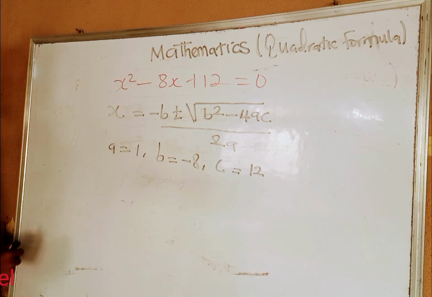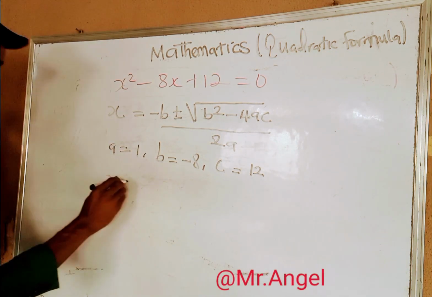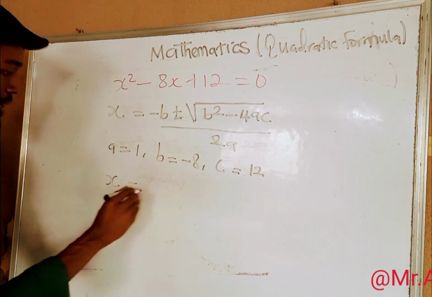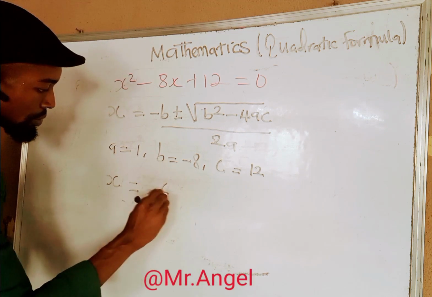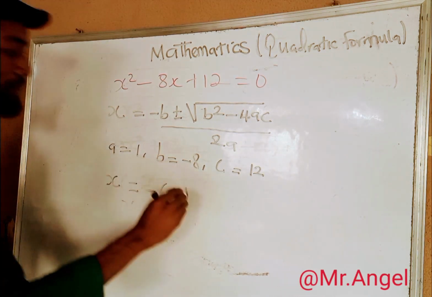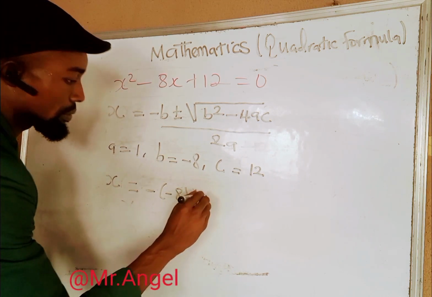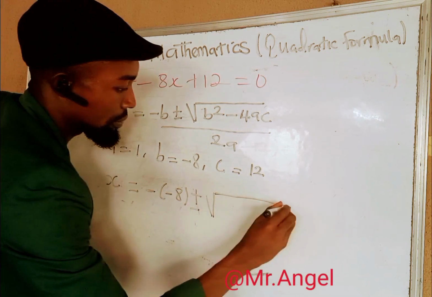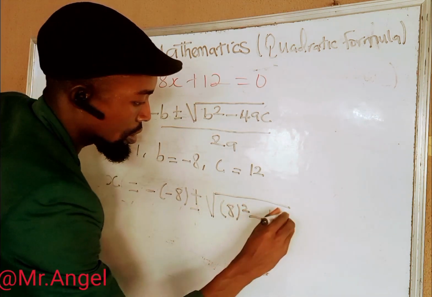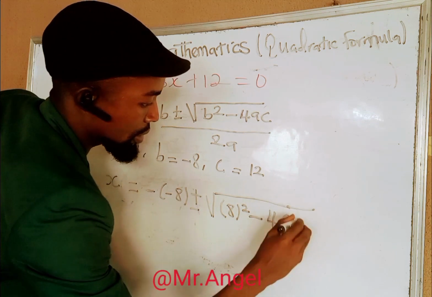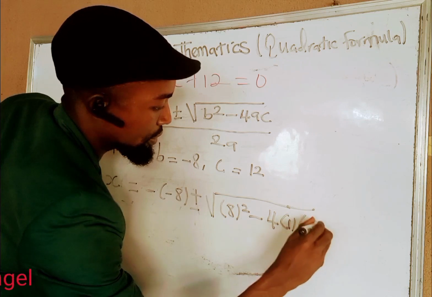So based on this formula, our s is going to be minus our b, which is minus 8, plus or minus the root of 8 squared minus 4, bracket 1, bracket again, open bracket, what is c? c is 12.